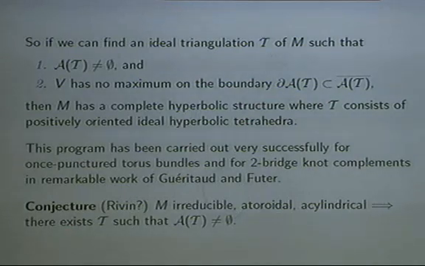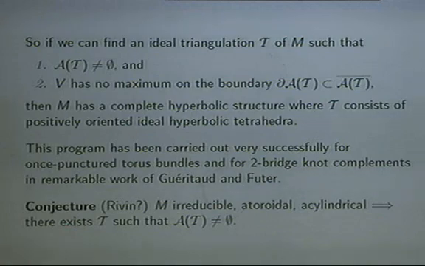So what Guéritaud showed was to use a procedure like this, looking at these angle structures and ruling out the possibility of a maximum on the boundary, and that guarantees that this triangulation is geometric. So the monodromy triangulation is geometric, and that gives you a hyperbolic structure on this bundle.